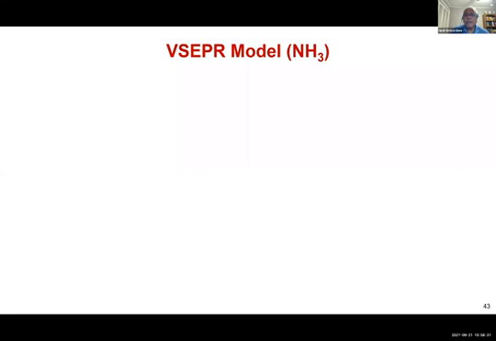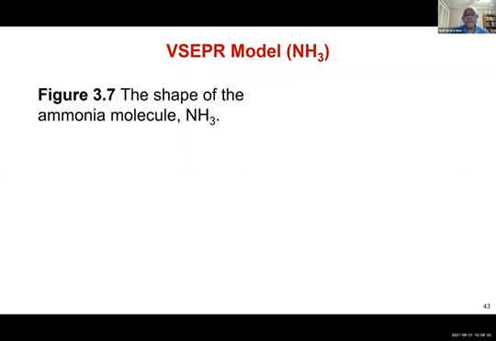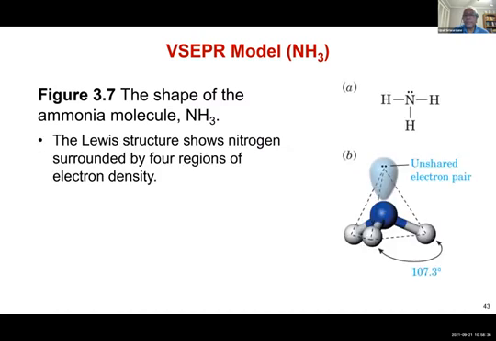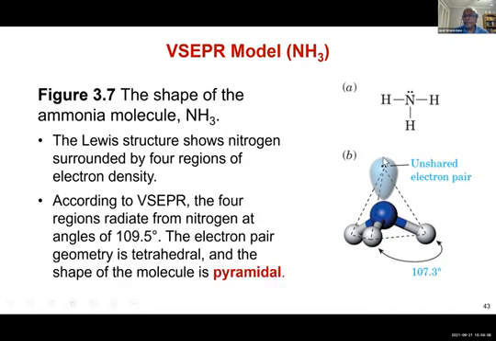Ammonia is similar to methane; we already went over the Lewis structure. There's a lone pair, shown up here. The lone pair repels more because the electrons in the lone pair have concentrated negative charge. Therefore, even though the arrangement is tetrahedral for a lone pair and 3 bonding electron pairs, when you look at the molecule shape, you don't see the unshared electrons.